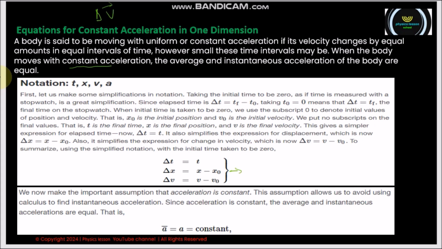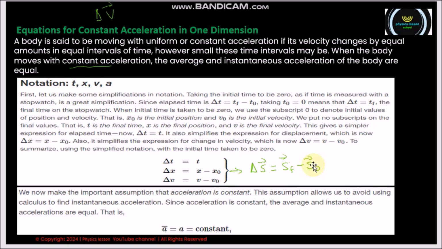We can write this equation as the change in displacement is equal to x, the final displacement, minus the initial displacement.